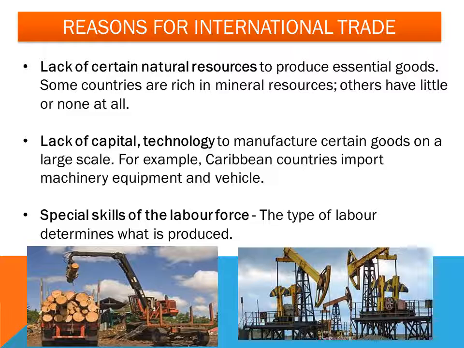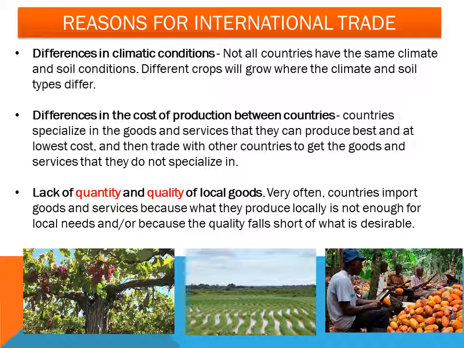Then special skills are lacking, right? So again, let's go back to the same oil mining. If we don't have the skills, the labor force to do the task, then we have to trade, right, in order for that to be produced. Climatic conditions are different in different parts of the world, and that affects agriculture, that affects soil conditions, that affects the whole weather pattern and how things are able to grow.